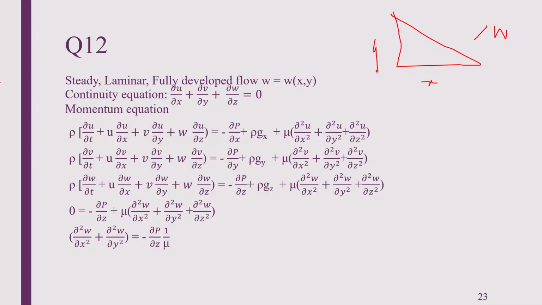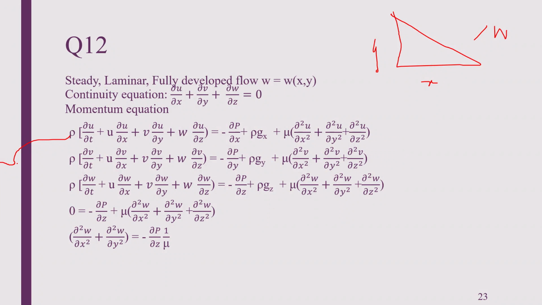Initially we have the continuity equation: dou u by dou x plus dou v by dou y plus dou w by dou z is equal to 0. For momentum, we have equations with three components. For the u component: rho times dou u by dou t plus u dou u by dou x plus v dou u by dou y plus w dou u by dou z is equal to minus dou p by dou x plus rho gx plus mu times dou square u by dou x square plus dou square u by dou y square plus dou square u by dou z square.